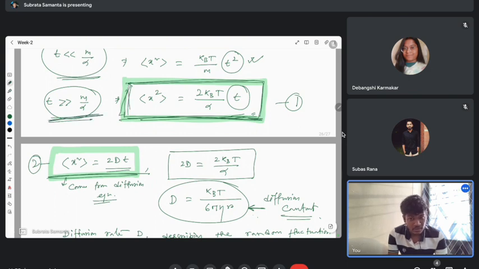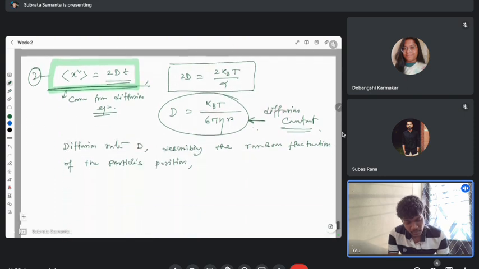So in these limits, the diffusion rate, describing the random fluctuations of the particle position, is related to the frictional damping alpha, right?